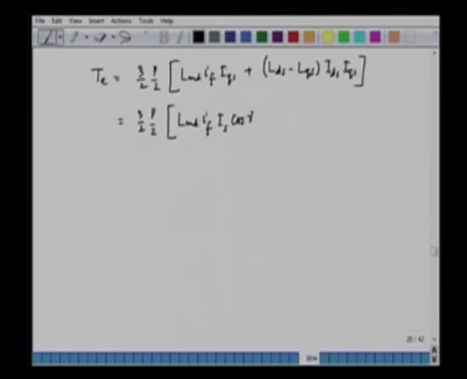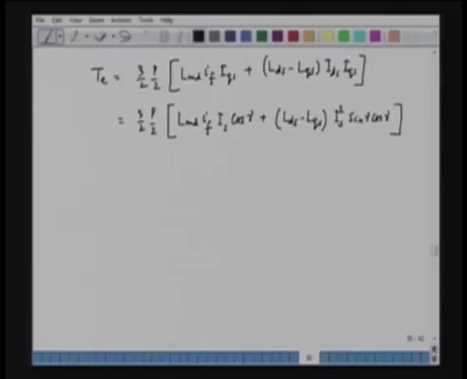That is why we have written LMD into IF into IS into cos gamma plus LDS minus LQS, and if we replace IDS and IQS by IS sin gamma and IS cos gamma respectively, we get IS square sin gamma cos gamma. So this is the torque equation of a synchronous machine under steady state condition, but this is also a little complex because this involves IS square. It is a nonlinear equation.